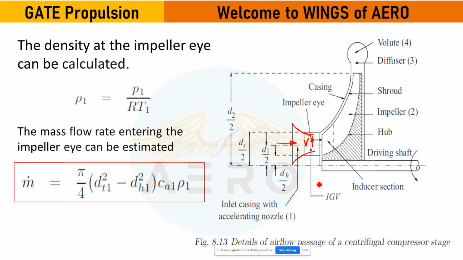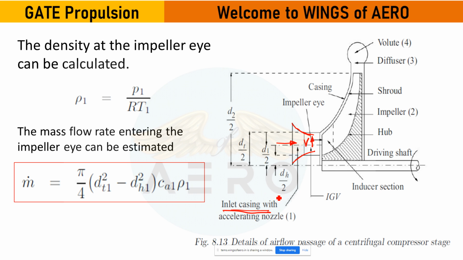Now there will again be a velocity triangle diagram if there is an inlet vane, and if there is not an inlet vane, there are different criteria. The main function of this inlet casing, as I've already discussed, is to accelerate the flow.